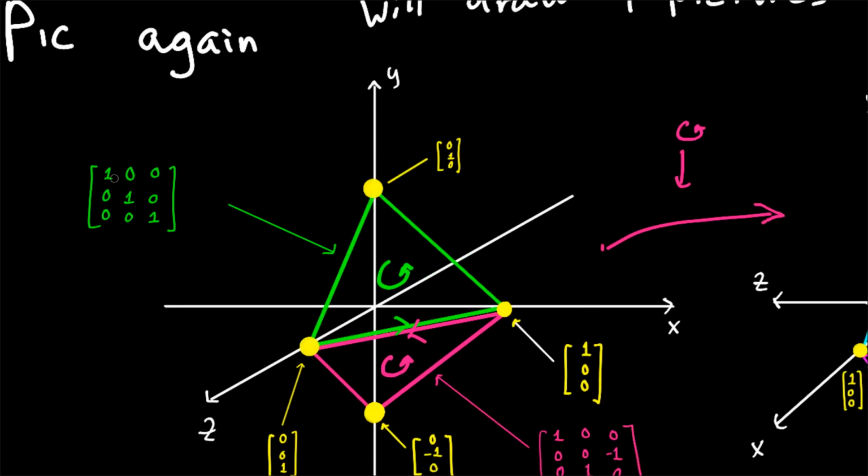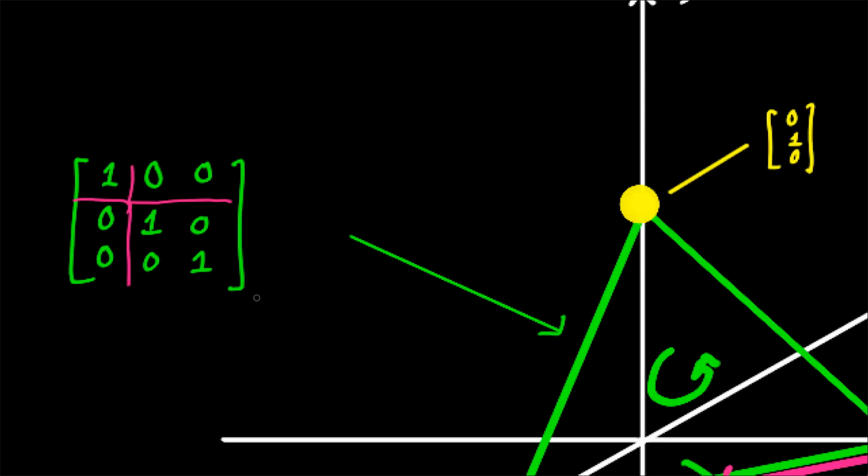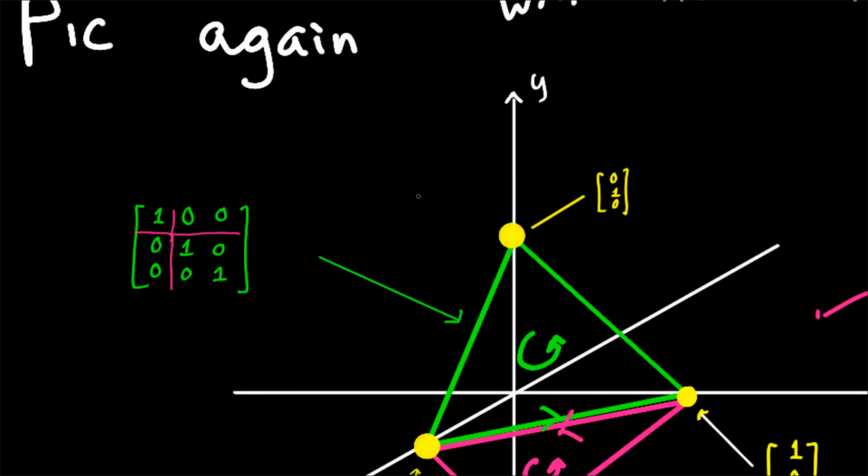But the way I've cooked these up, you just take the determinant of this little matrix down here and multiply it by this thing in the top left. So the identity matrix has determinant 1. The determinant of a diagonal matrix in particular is just the product of the diagonal entries.